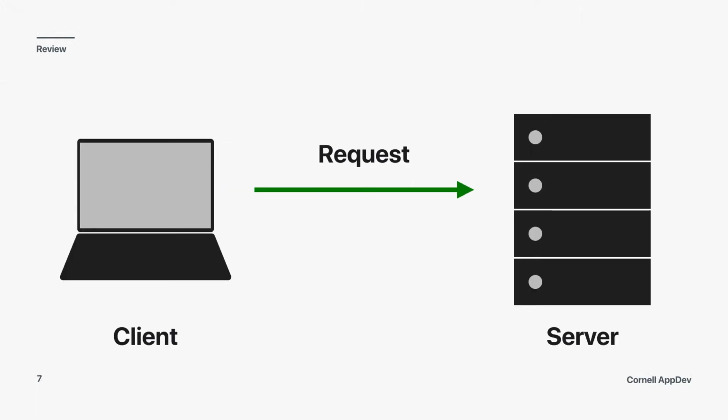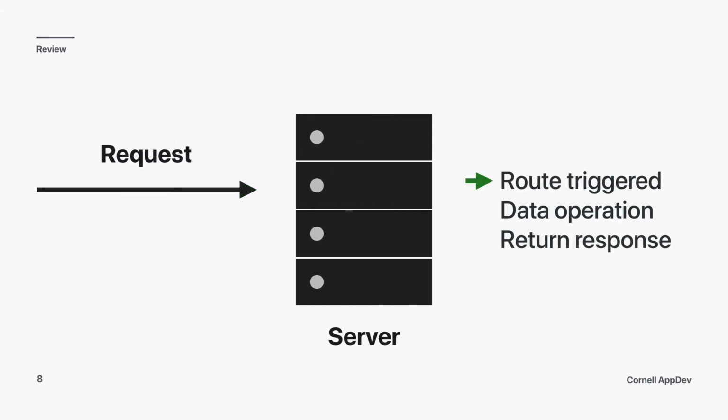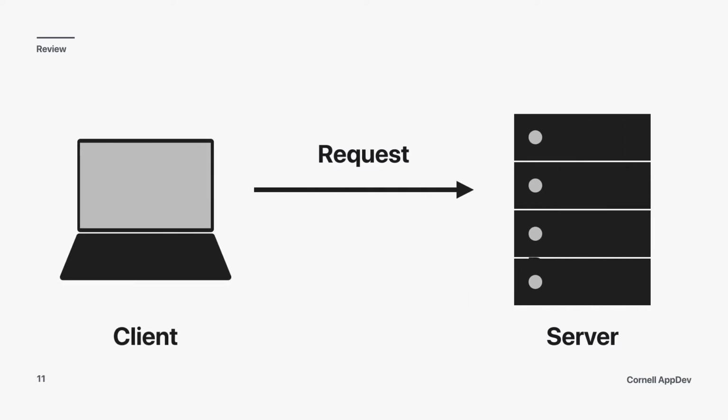And here, a client is just making a request to the server, where a route is triggered, which tells the server, hey, I need to be doing something to respond to this request that was just made by the client. And so it will perform that data operation given the route, and it will return a meaningful response back to the client.